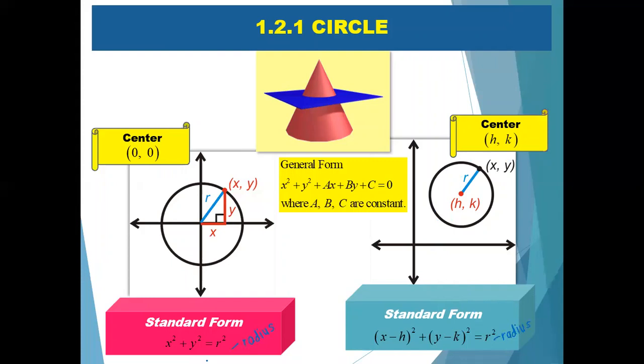Okay, so you have to memorize this standard form of circles. Okay, and then it is actually you obtain this general form from this standard form of a circle where the center is at h, k.